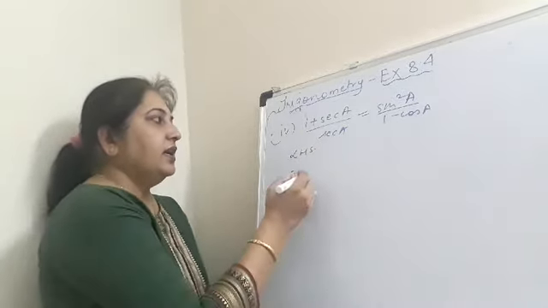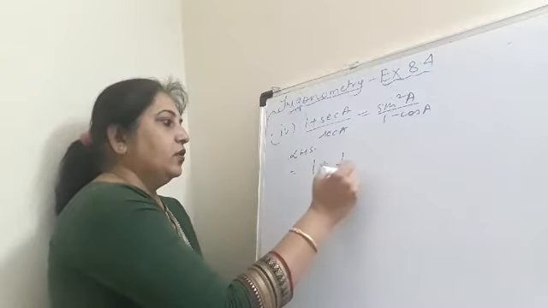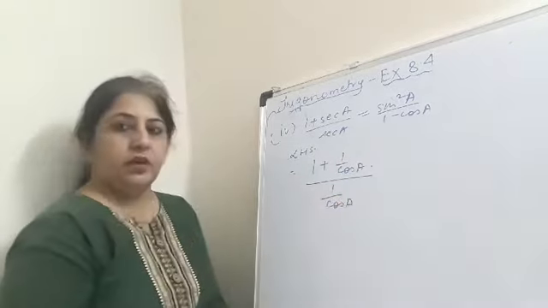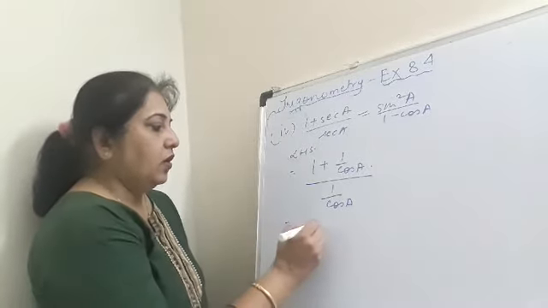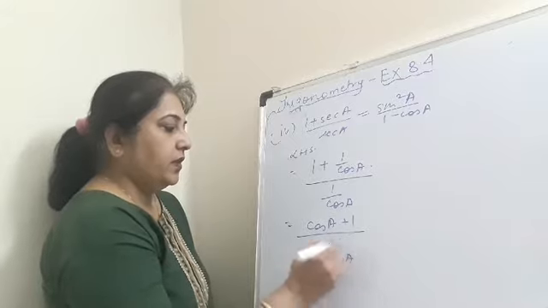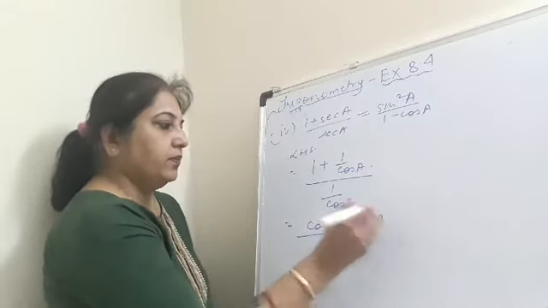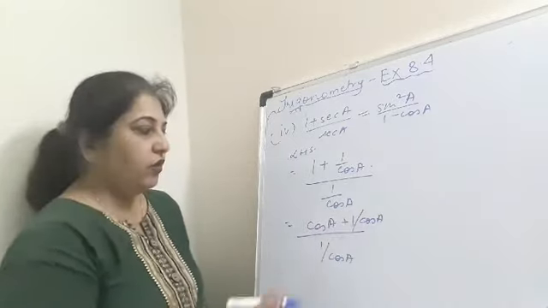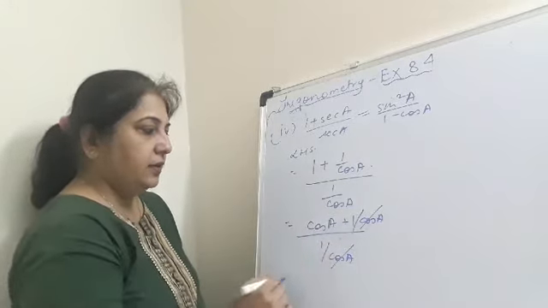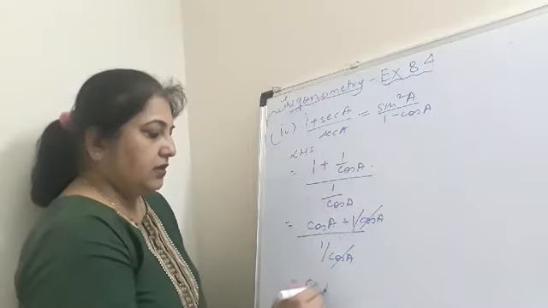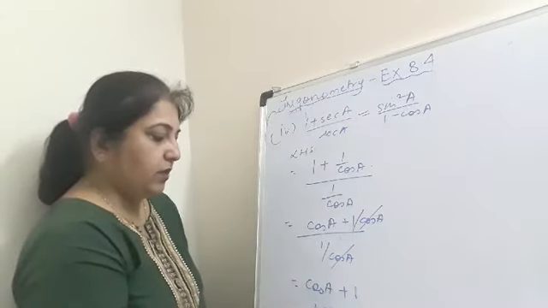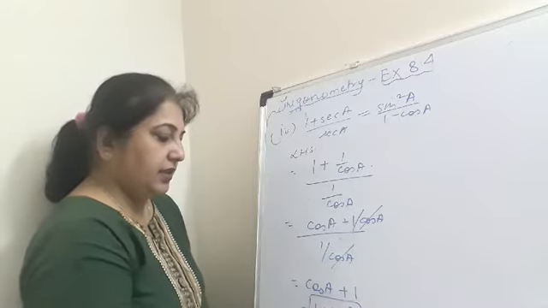Now in the LHS, we can write 1 plus 1 upon cos A upon 1 upon cos A. Therefore cos A plus 1 upon cos A, upon 1 upon cos A. I hope you're following. We find the LCM here and then the denominators get cancelled. So here I get cos A plus 1, which I can also write as 1 plus cos A. This is LHS.